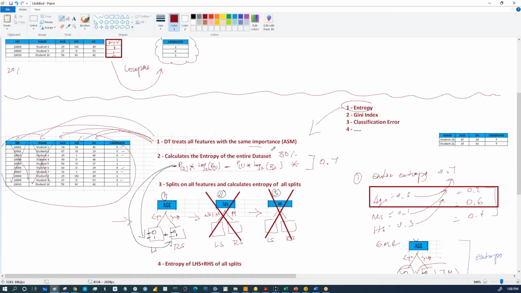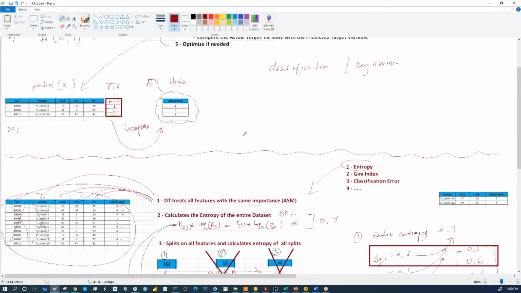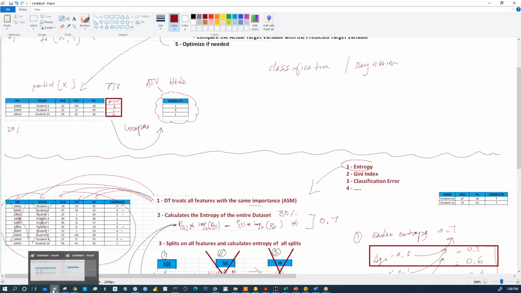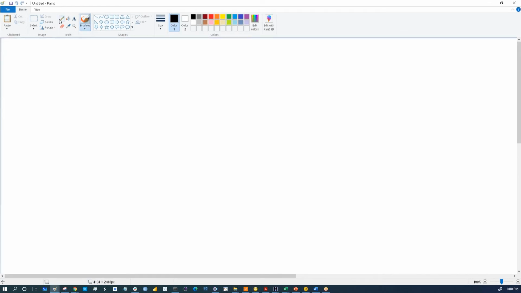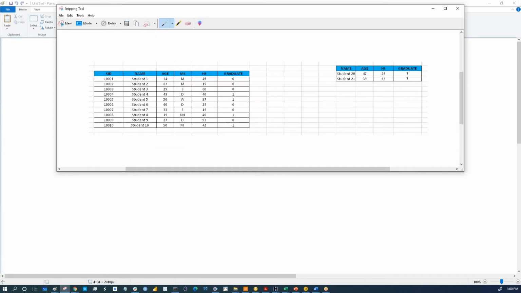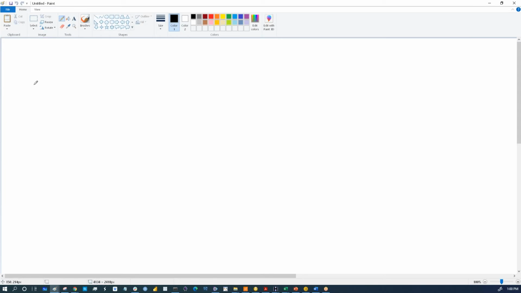What is not clear? I'm not sure, when you do the second split, what changes in the data that gives you different numbers for steps 2, 3, and 4. Okay, let's do it one more time so you can understand. Let me copy this one more time.